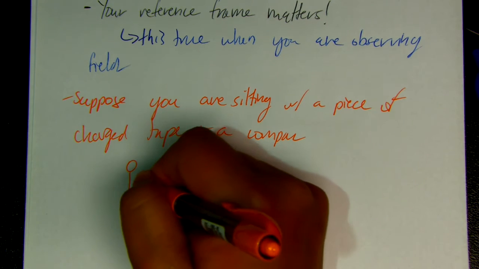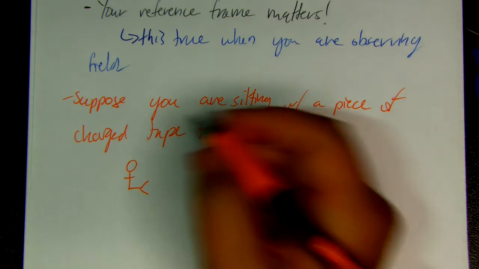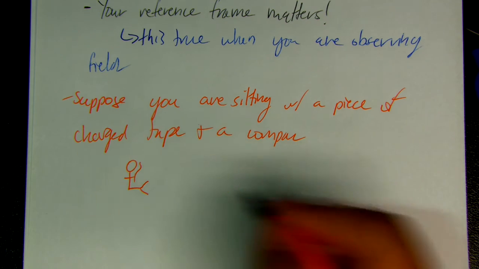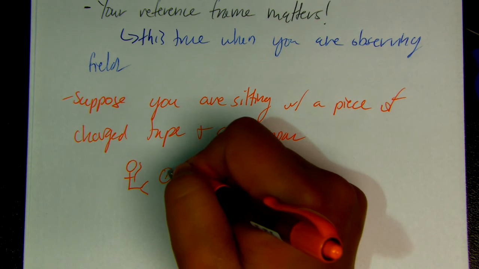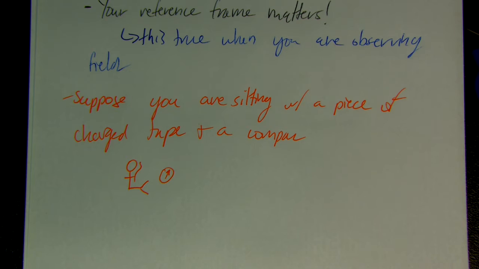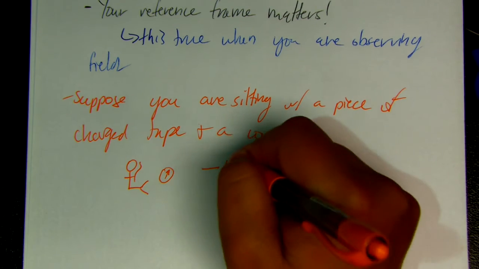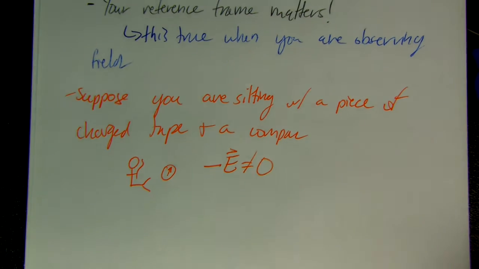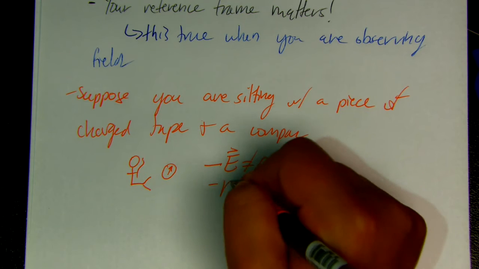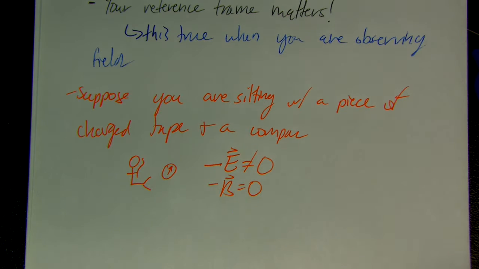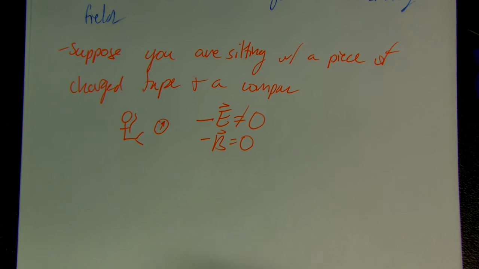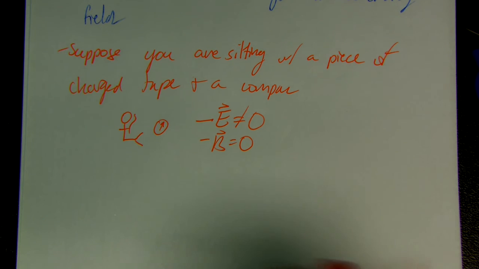So here you are, sitting, tape in hand, compass. And what you will see is you will see an electric field, and you will not see a magnetic field because you're sitting still and you need to move the charges to get that magnetic field.